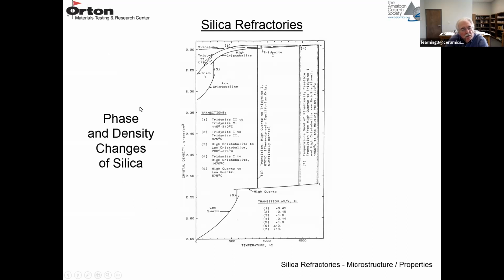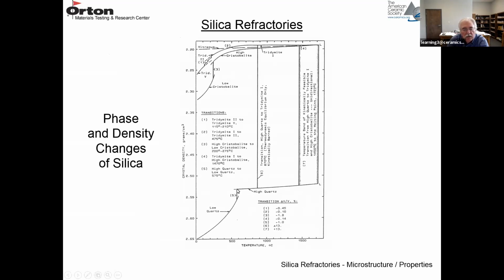So this diagram shows the phases for silica. This is crystal density, going from high density to low density in the vertical direction, and temperature in the horizontal direction. So you start out with quartz. It expands normally. This is the alpha-beta quartz transition from low quartz to high quartz.